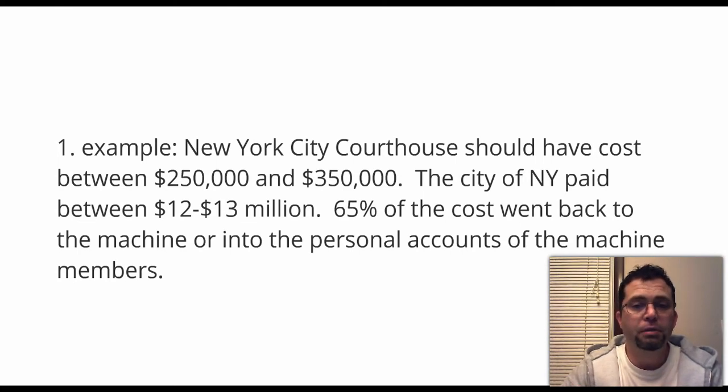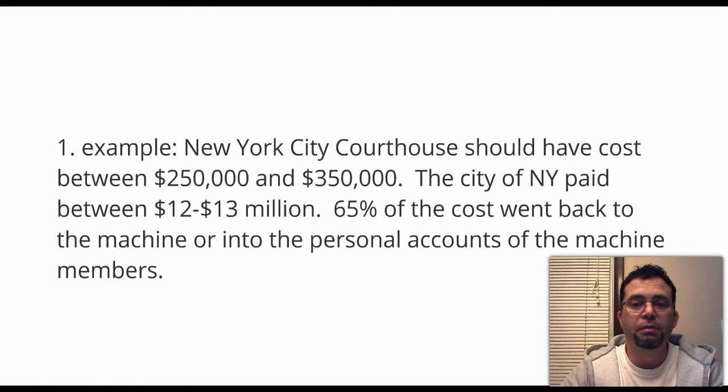So all in all, New York City needs a new courthouse. New courthouse gets built, but the city pays insanely more, like 10 times more than what it was worth. It should have cost around $250,000 to $350,000 back then.